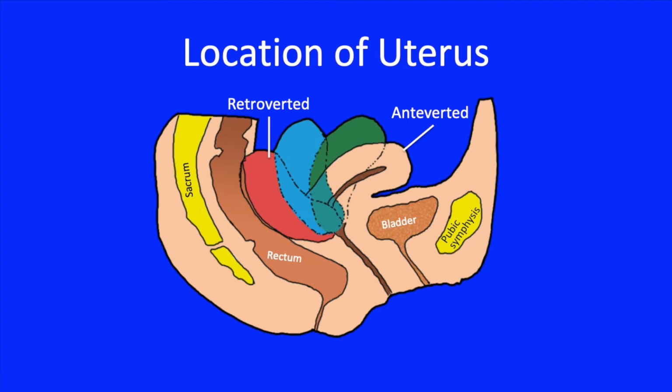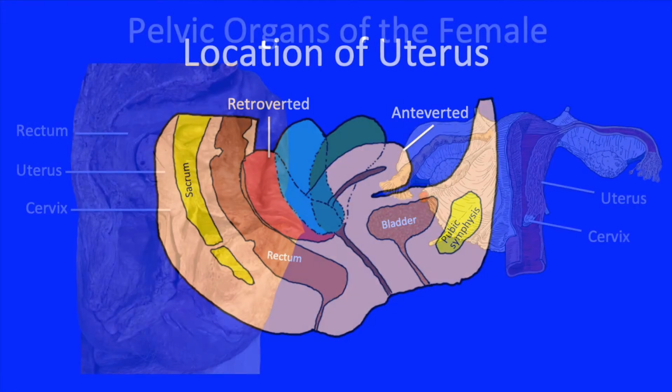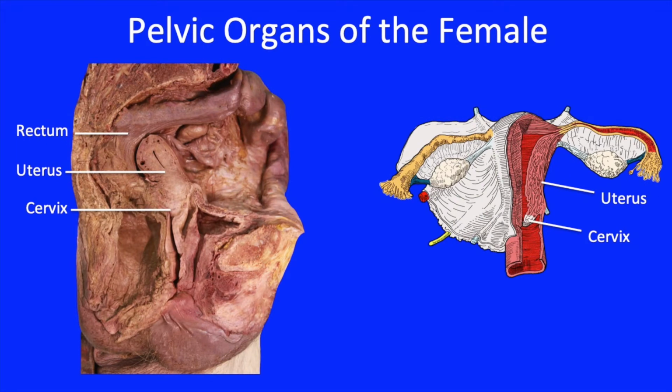But as you have seen in the actual dissection, the uterus can also be flexed posteriorly, in which case it is called a retroverted uterus. There is nothing wrong with this, but the physician checks the location of the uterus when women become pregnant, as we will see shortly. And continuing with our survey of the pelvic viscera, I now indicate the cervix of the uterus.